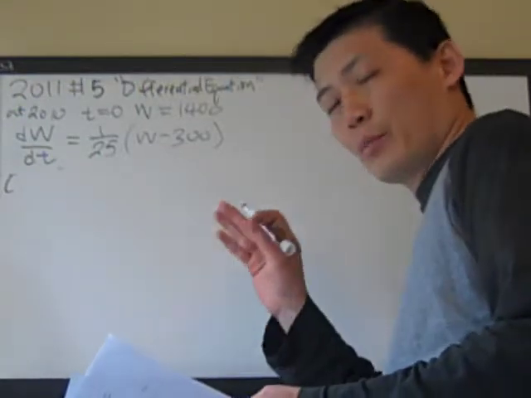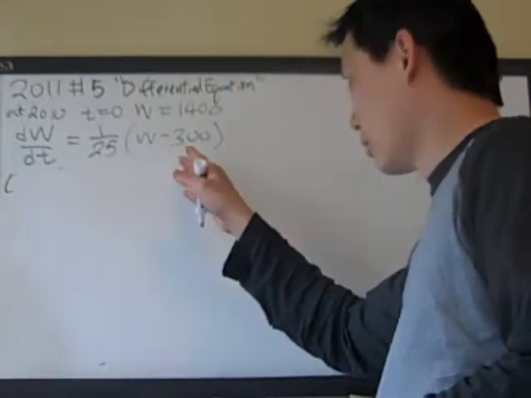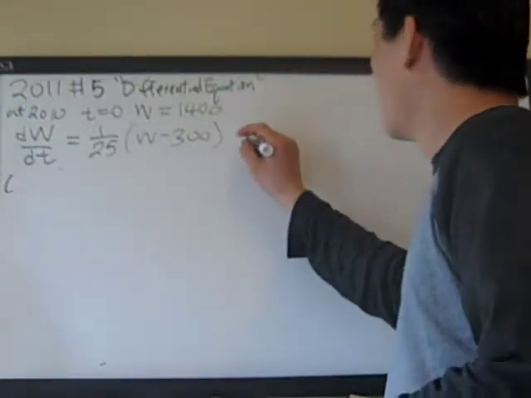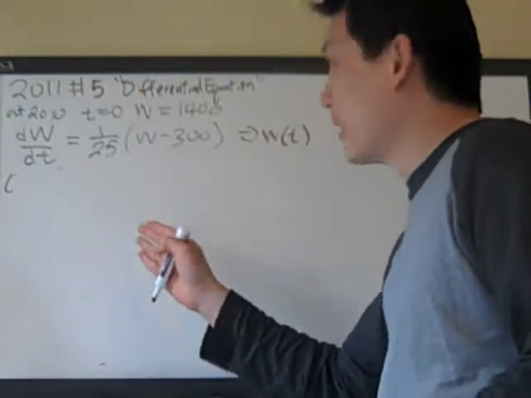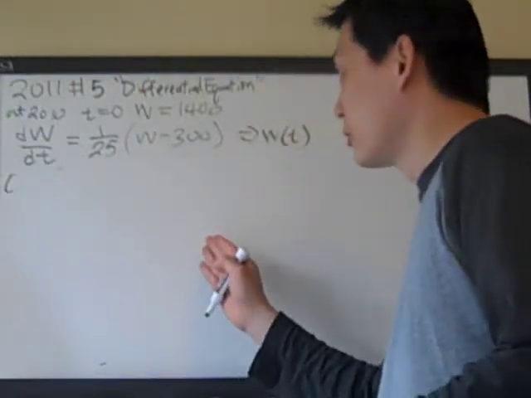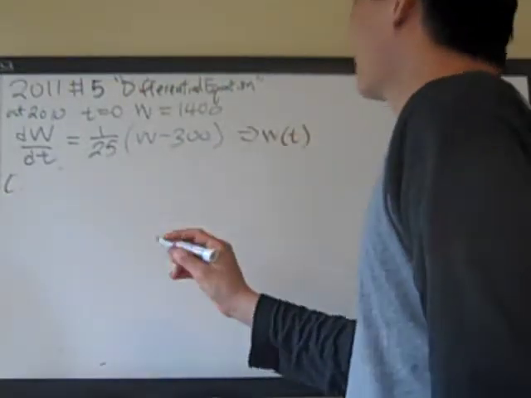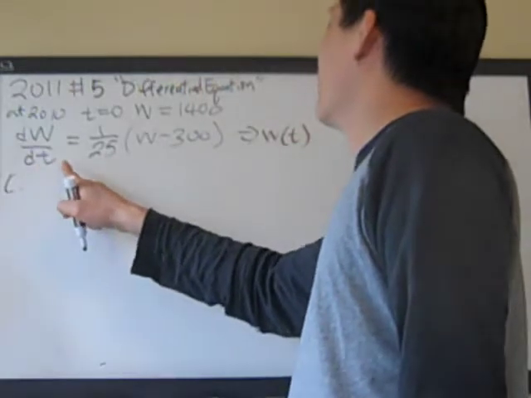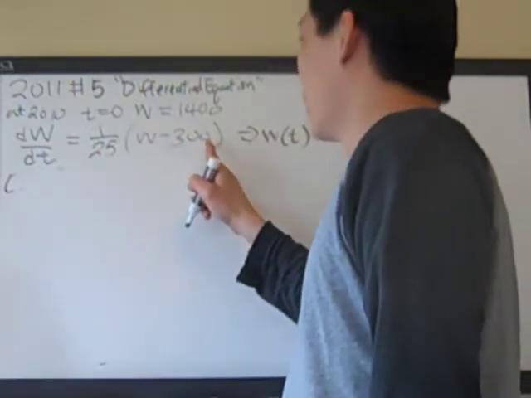Part C says find a particular solution of this differential equation. Solving the differential equation means we are solving for w of t. In order to solve that, we need to separate variables, integrate both sides, and so on. So let's go through this process. dw/dt is equal to (1/25)(w minus 300).